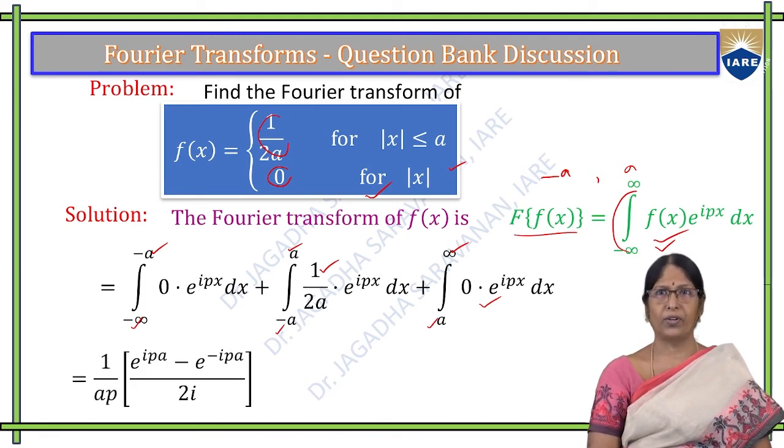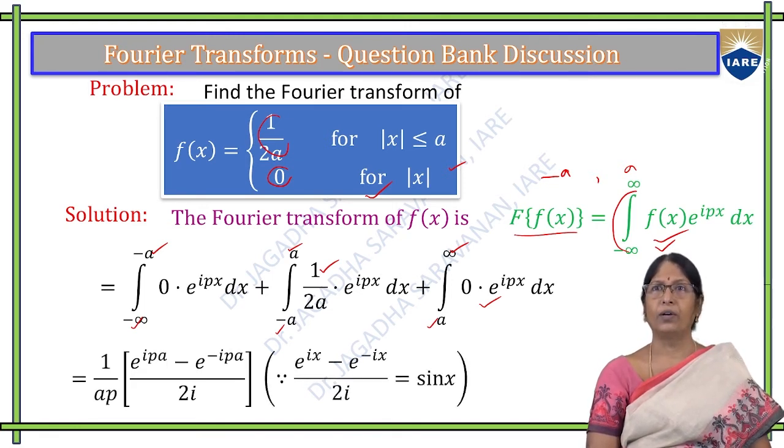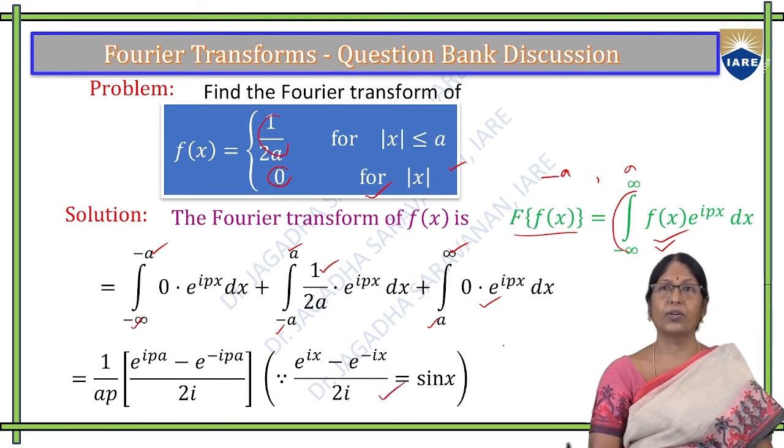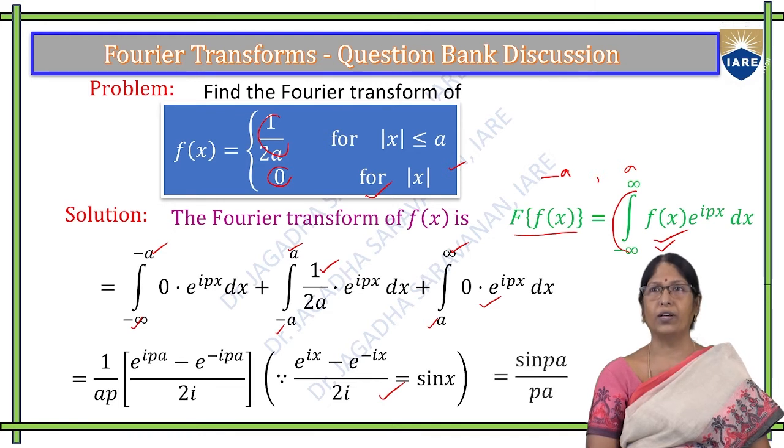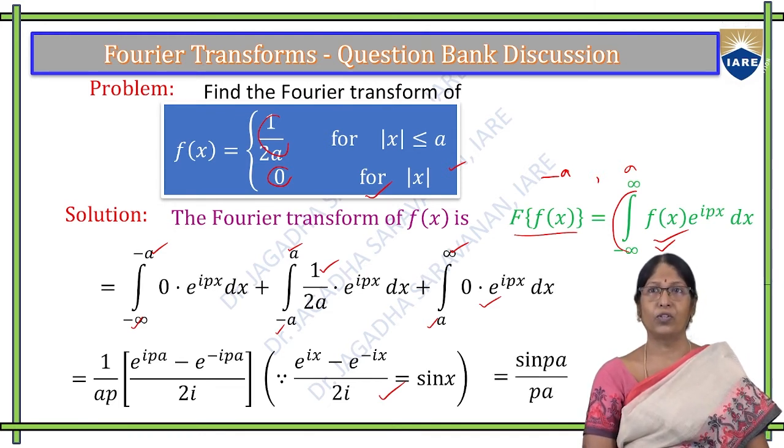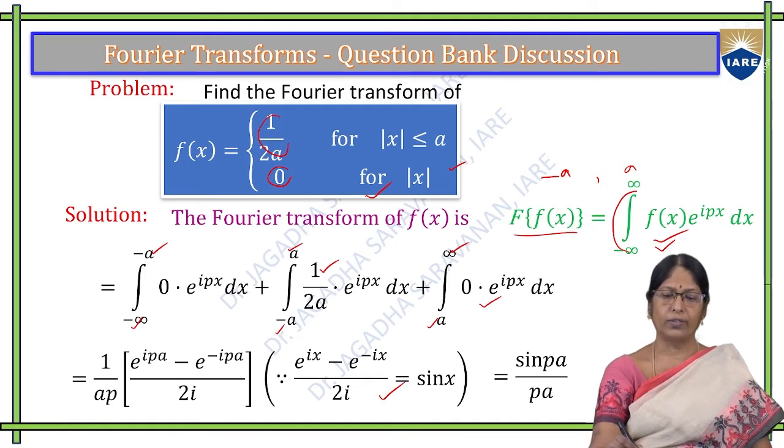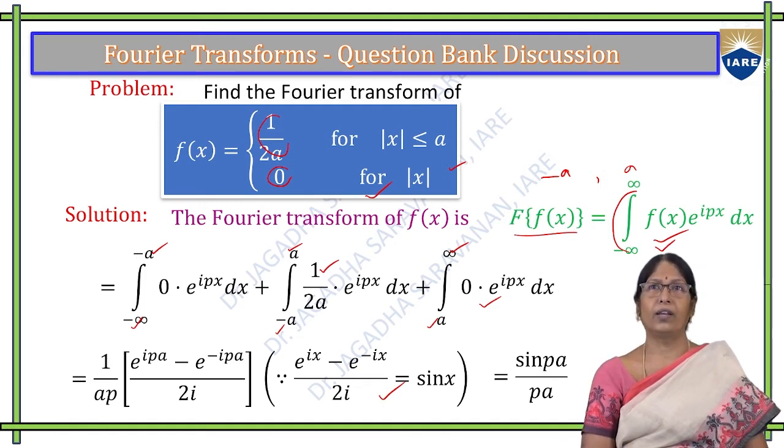A very simple integration, we will do it, and after doing the integration, this formula we have to recall to reach the answer. So these are the steps to be followed for this, the third level of Bloom's taxonomy applied.